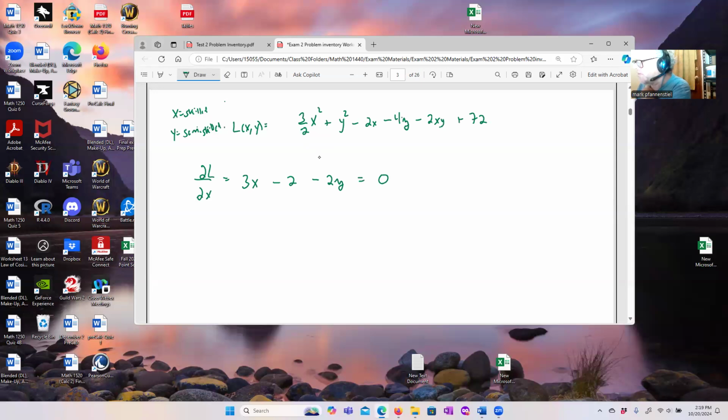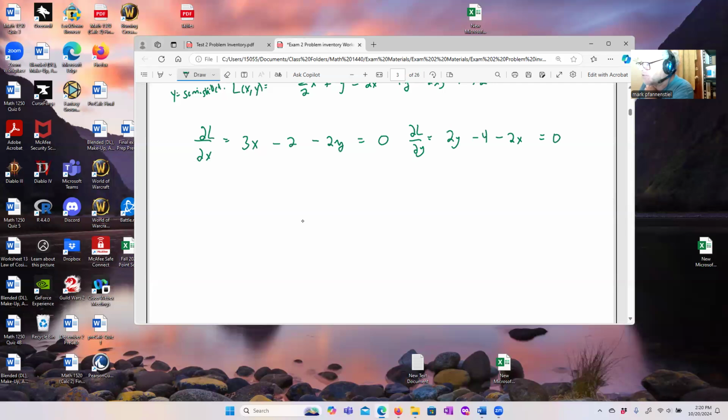The other thing we have to do is dL by dy. Again, we're just going to swap the position. So now x is held constant, so we're going to have a 2y, minus 4, minus 2x, and we're going to set this equal to 0. So what we have here is two equations.